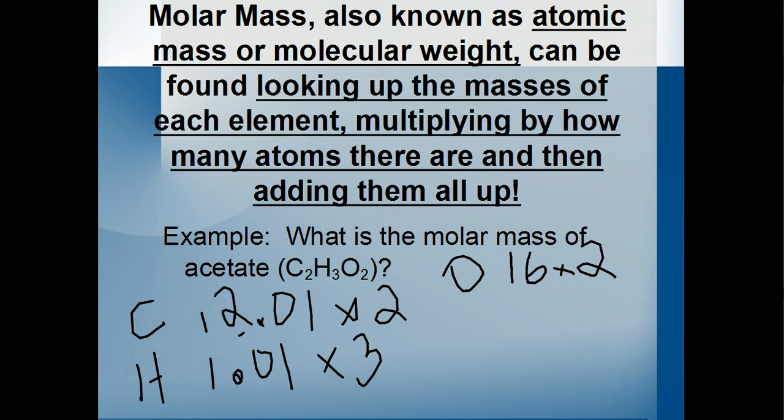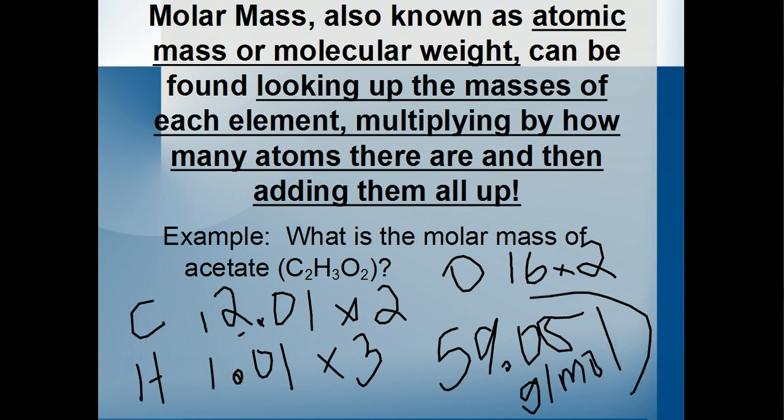If I do all that, it's 59.05. And remember your units for molar mass? Did we forget already? Grams per mole. I will ask that you show your work for 1. And after that, once you get in the habit, you won't have to show your work anymore.